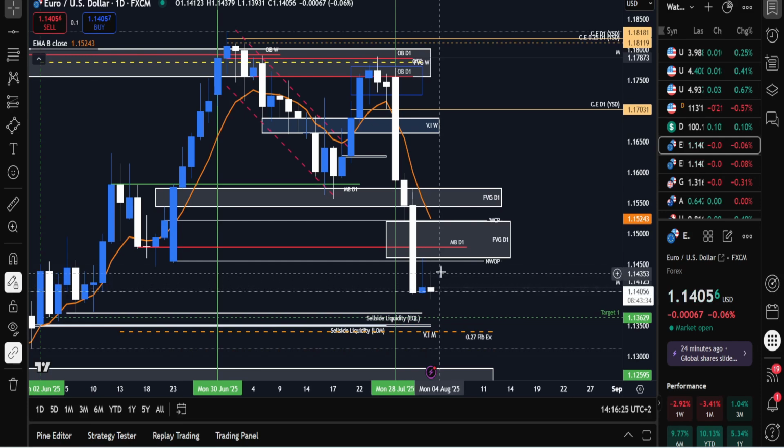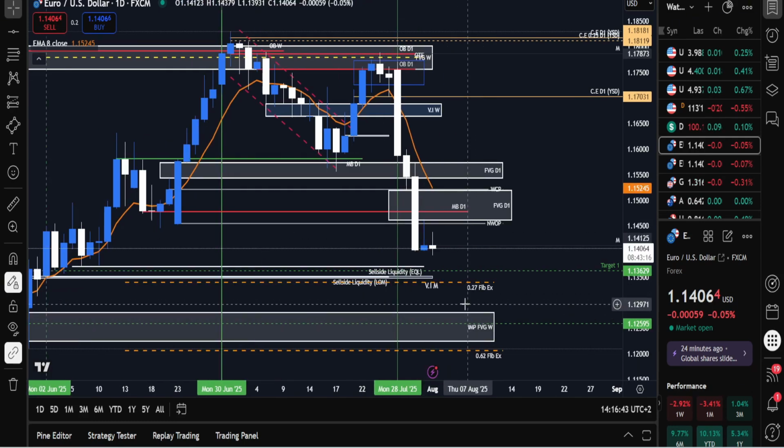We could trade back up, taking out yesterday's buy side, hitting that mitigation block, entering that fair value gap and coming down, or we can just go straight down, because today is NFP. And again, NFP is not a day that I trade, but we can look and observe to see what happens with price action.